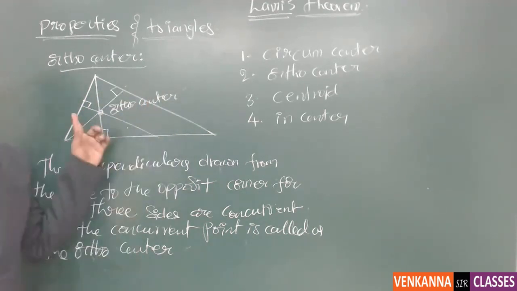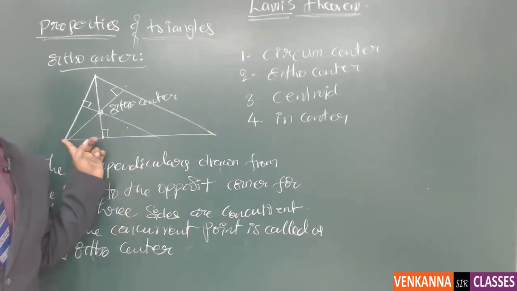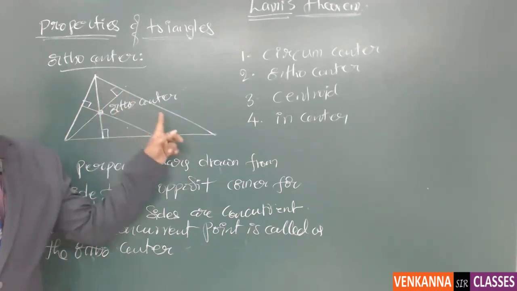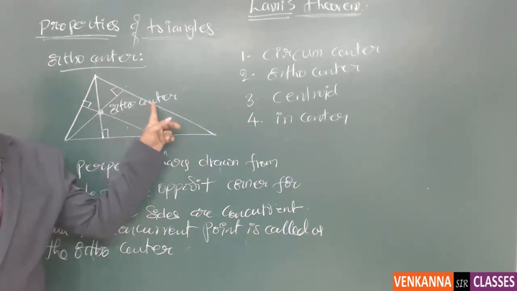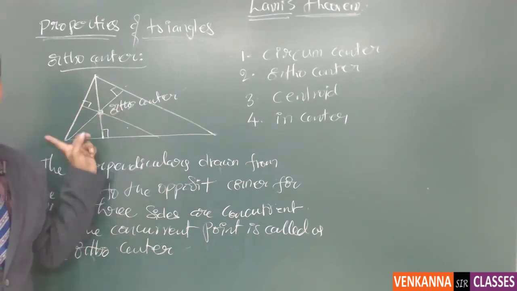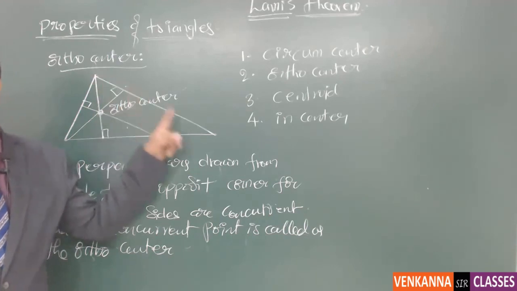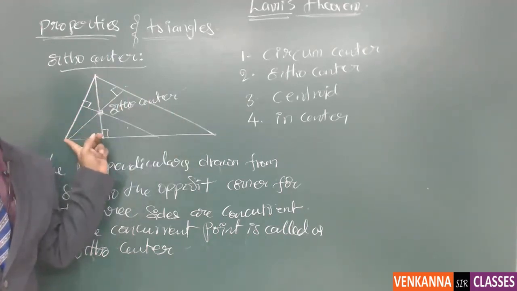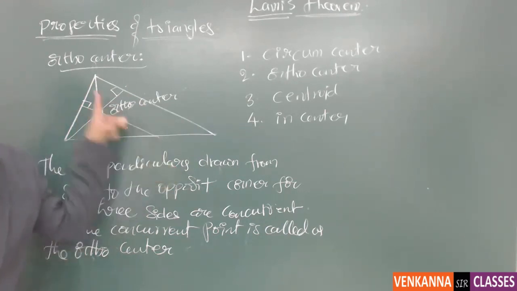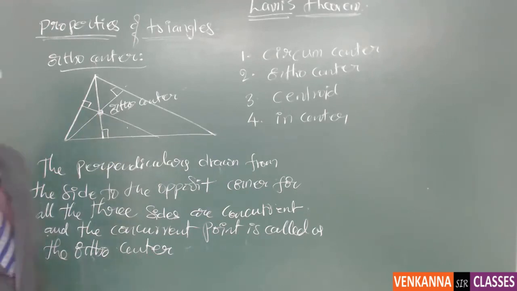Earlier, in the case of the circumcenter, these lines need not touch the opposite corner, but the perpendicular has to be drawn at the midpoint. But here it is a little different. It has to be perpendicular and has to pass through the opposite corner. There will be only one perpendicular to this line which can pass through the opposite corner, and that will be this line. The same for the other sides. So this is the orthocenter. Do you have any questions on this?